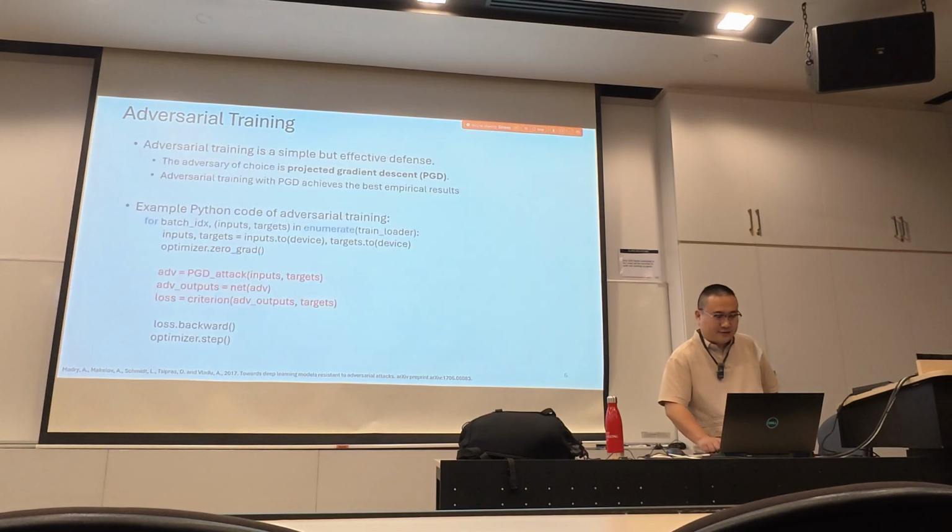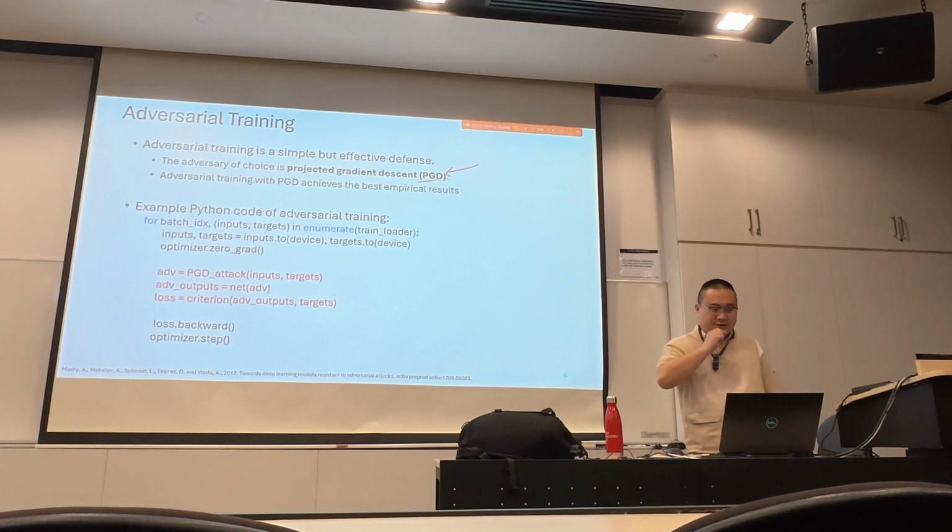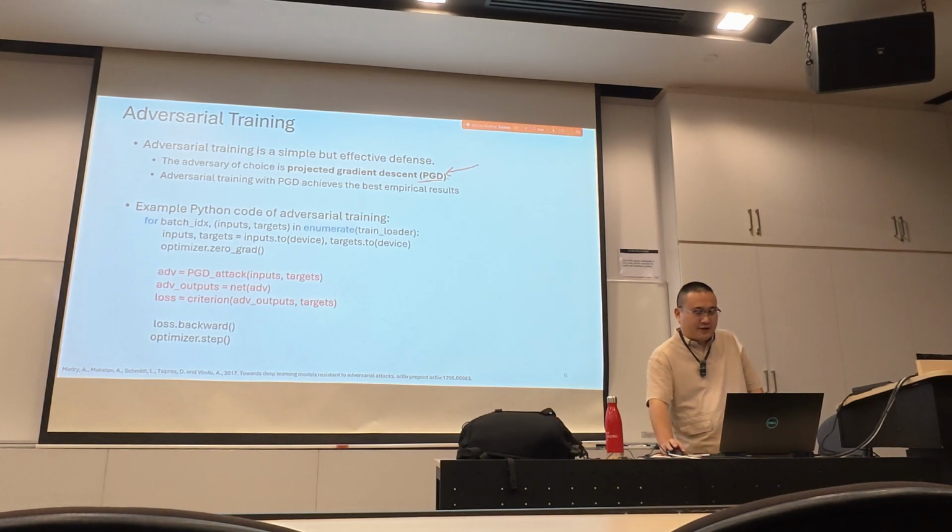Technically, we can use PGD to generate the attacks during training. Why are we using PGD? Because empirically, people find that using PGD to generate the attacks for adversarial training can achieve the best robustness. This is not theoretically guaranteed, just empirically observed.